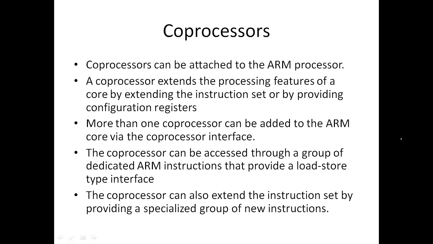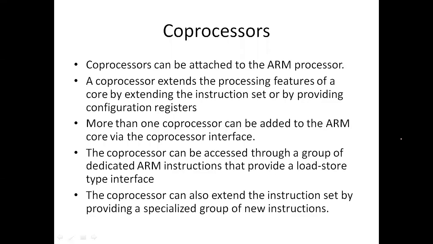For accessing and controlling these coprocessors, the instruction set of an ARM processor has a special group of instructions. That will allow you to control the operations of a coprocessor, and it will also allow the ARM processor to design special instructions for controlling the coprocessor. We will see those instructions in the second chapter when we discuss the ARM instructions.